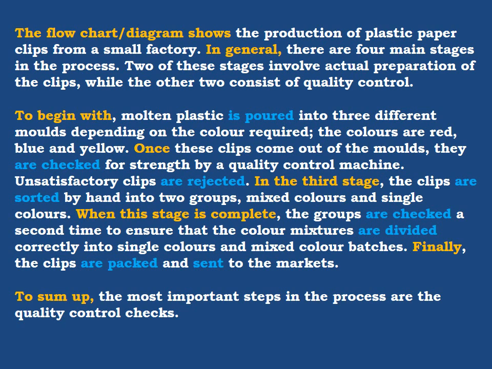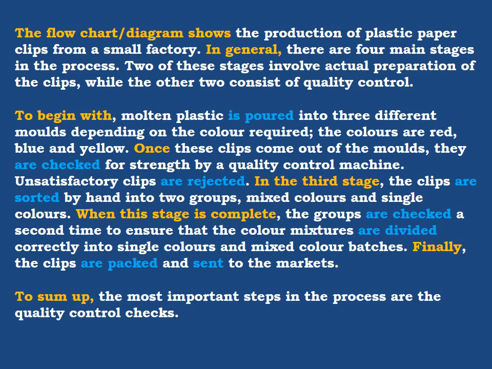So the molten plastic is there. Then it is poured. Poured where? Into 3 different molds. You remember the colored molds? So here, into 3 different molds depending on the color required. The colors are red, blue, and yellow. You remember these colors.